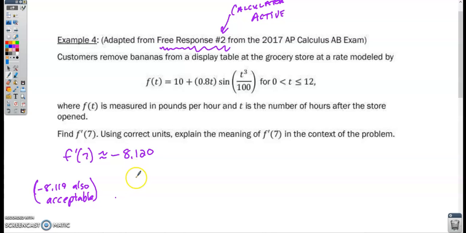So I want to specify the time at time t equals 7. And my units for time are hours. Time t equals 7 hours after the store opened.